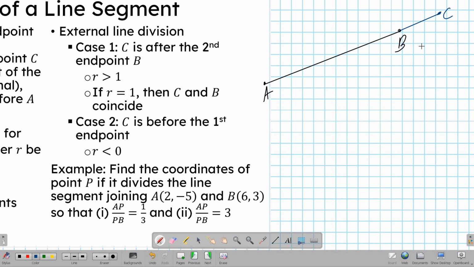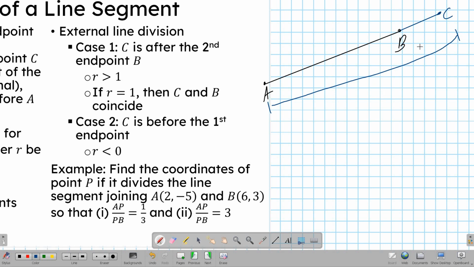So it's not literally dividing, however, the line is extended and there is a new line segment that is still divided. It doesn't look like AB is the one divided, but the line is divided externally.